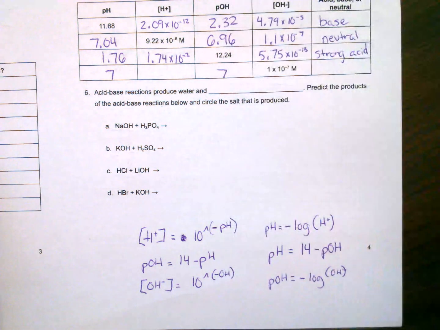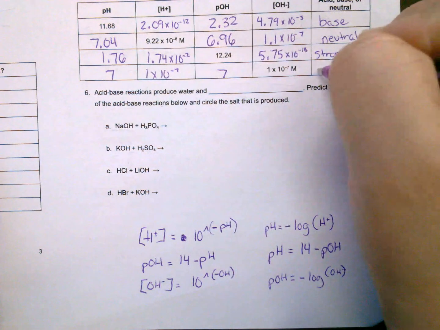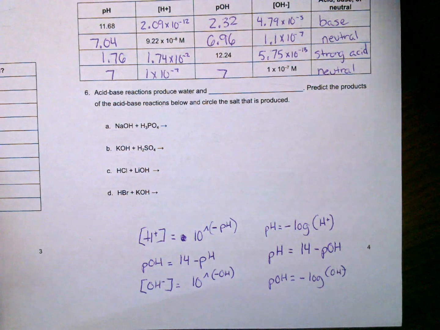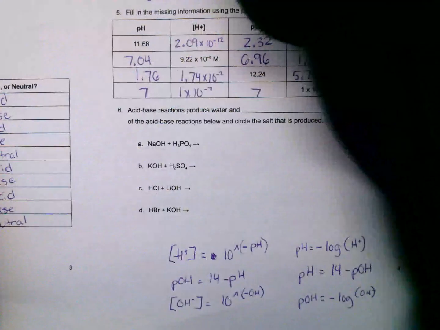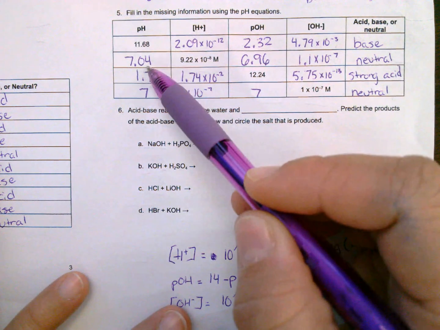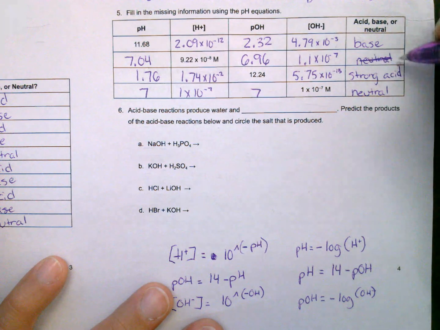That's 1 times 10 to the negative 7. And that will be neutral. And since this one's actually really neutral, we're just going to go back and call this one slightly basic. So I'm going to call that a weak base.